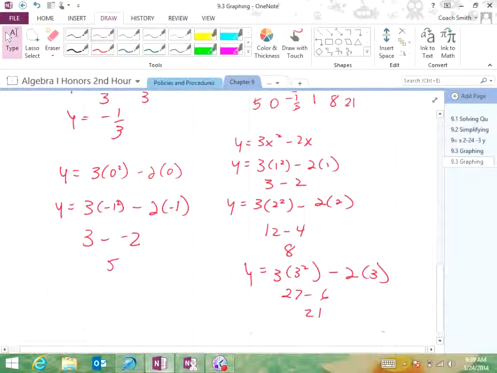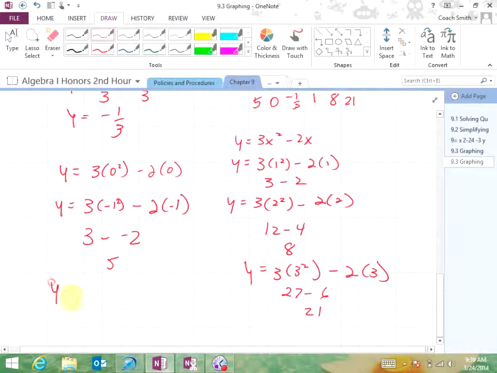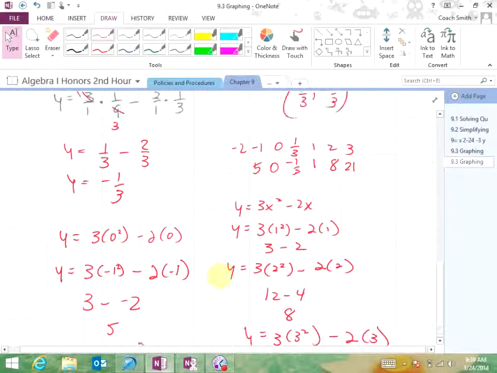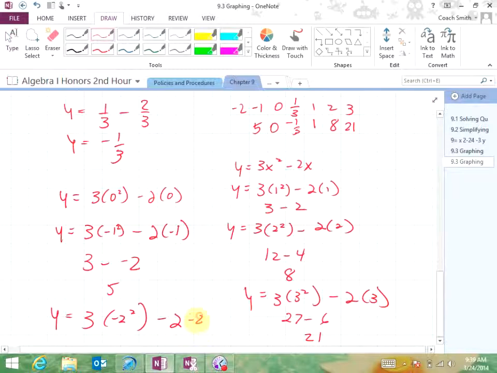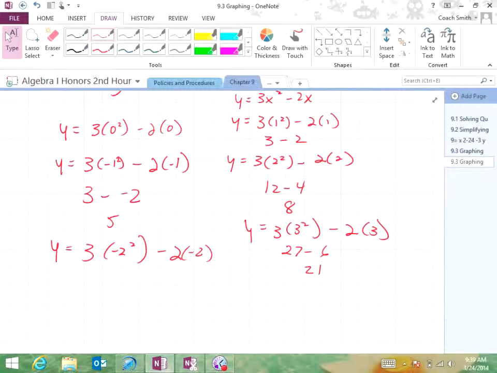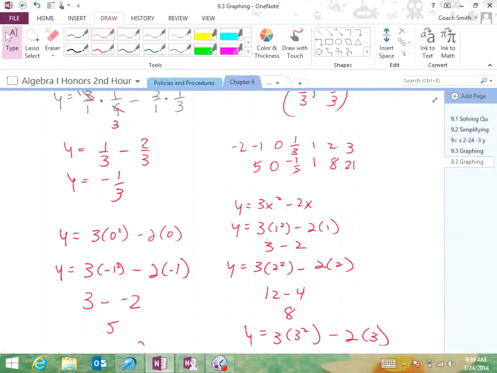Then you've got y is equal to 3 times negative 2 squared minus 2 times negative 2, right? Yeah. So that is 12 minus negative 4, which is 16. Okay?